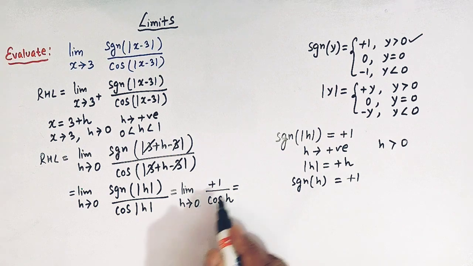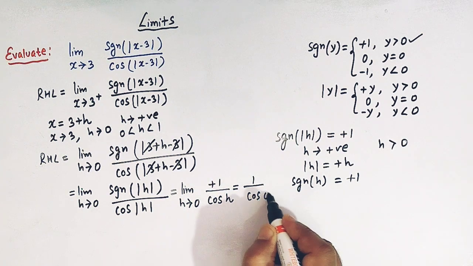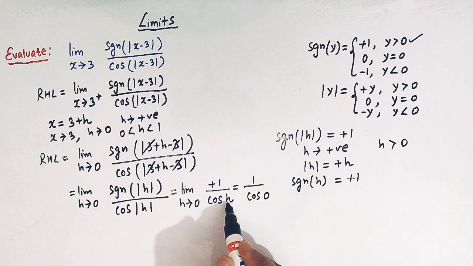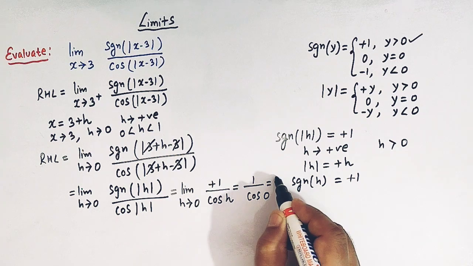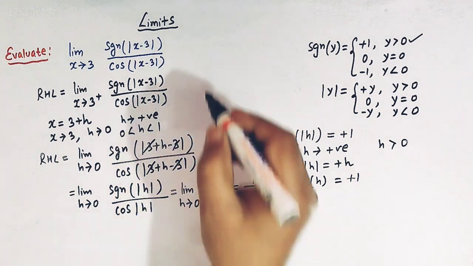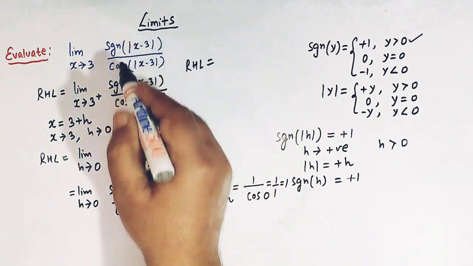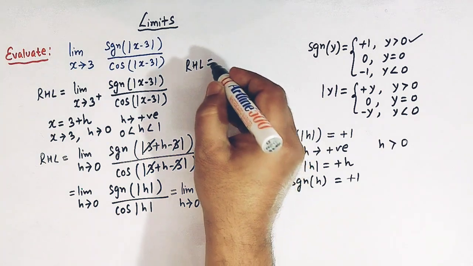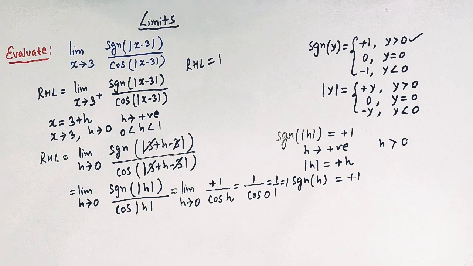So now this limit is simply 1 over cosine of 0. We can take h is equal to 0 here, and cos 0 is 1, so we have 1 over 1, that is equal to 1. So the right hand limit of this function when x approaches 3 is equal to 1, right?